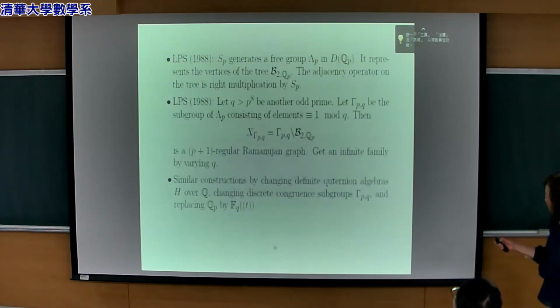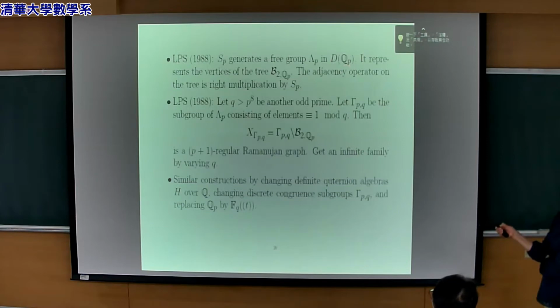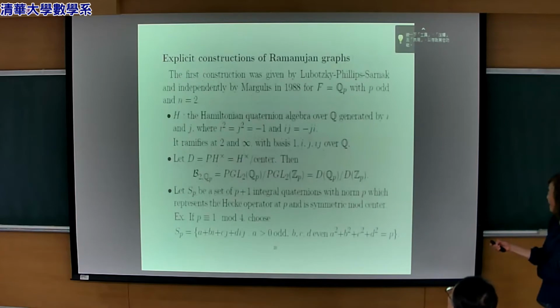So, Lubotzky and Samuels show that this set generates a free group in the p-adic points of this group D. And more importantly, we said that the tree here is a coset space, PGL2(Q_p) modded out by its maximal compact subgroup.